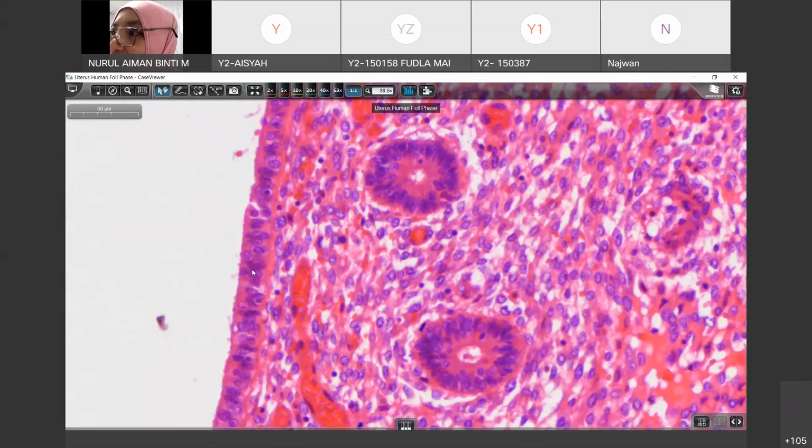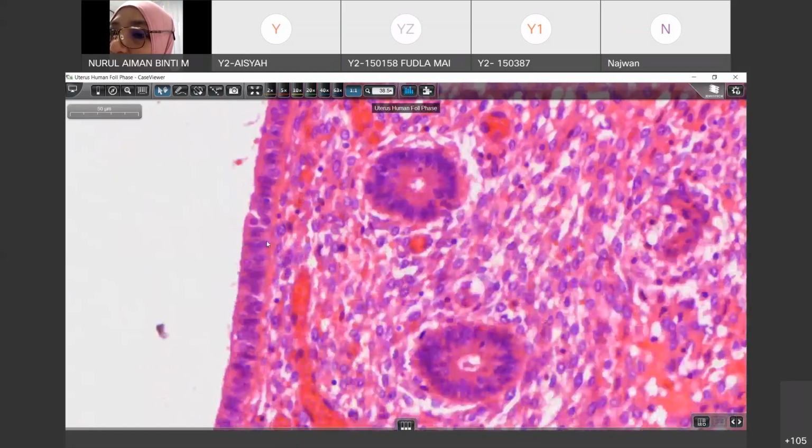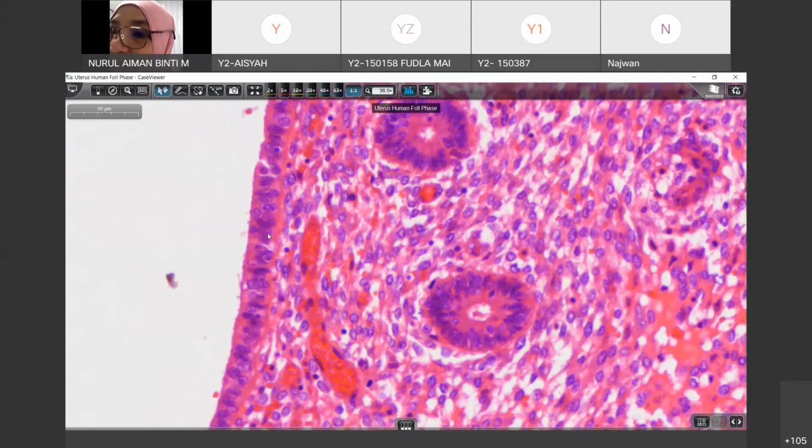It's just like the uterine tubes. One is peg cells. Another one? Ciliated cells. Okay, very good. Simple columnar ciliated epithelium, with peg cells in between that have no cilia.